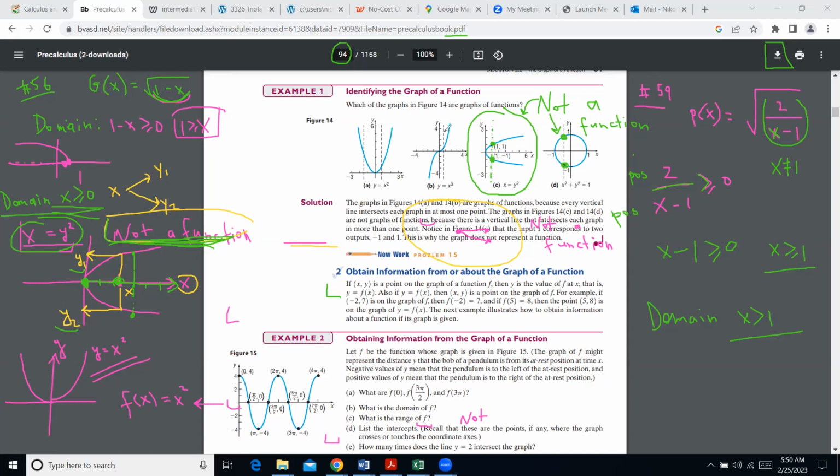And similarly, from this perspective, figures A and B will be functions because they don't have such an issue of a vertical line intersecting their graph at 2 points. No matter what vertical line you can possibly think of, you will get only one intersection. So you can see that these two graphs, A and B, will be graphs of functions.